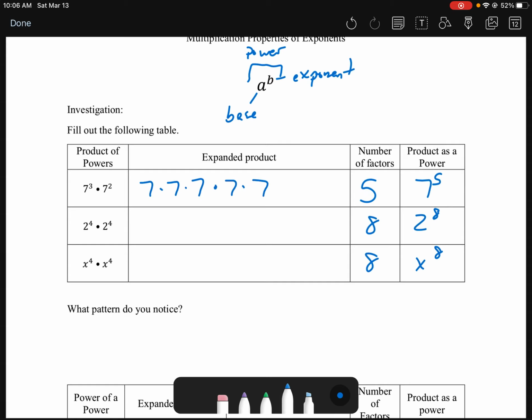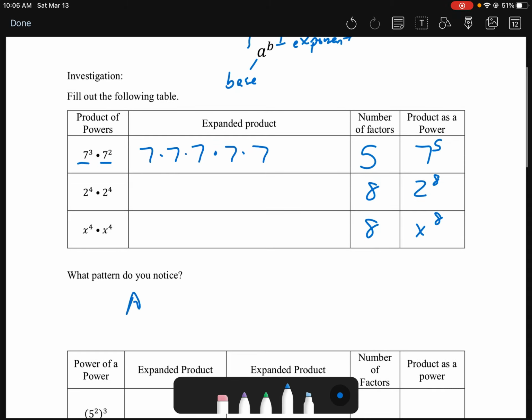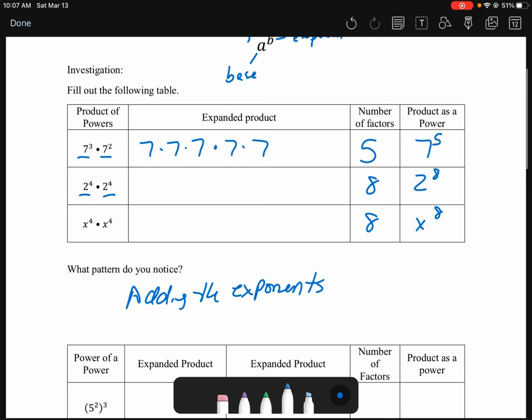If you notice, for example, like 7 cubed times 7 squared, all we're doing is adding the exponents. We're just adding those exponents together. So the same thing down here, 4 plus 4, I got 8. 4 plus 4 also equals 8.